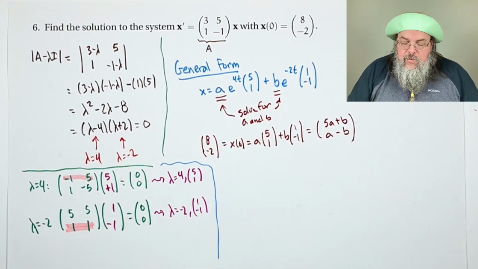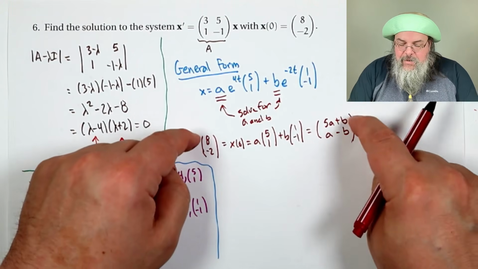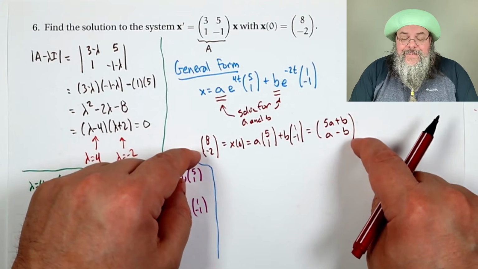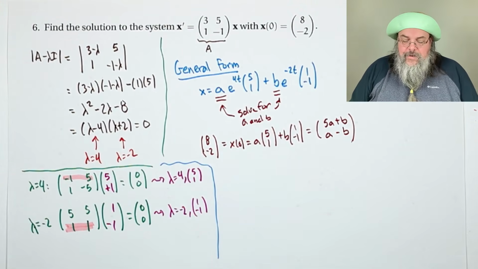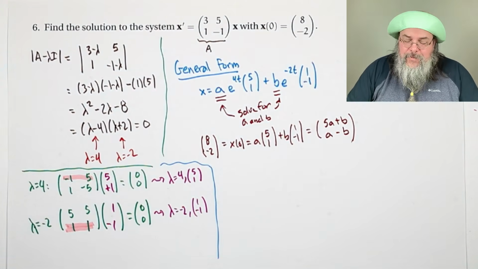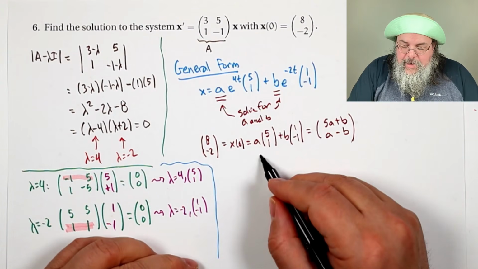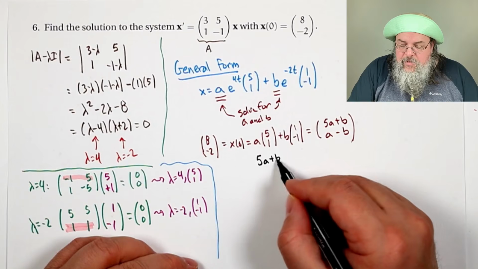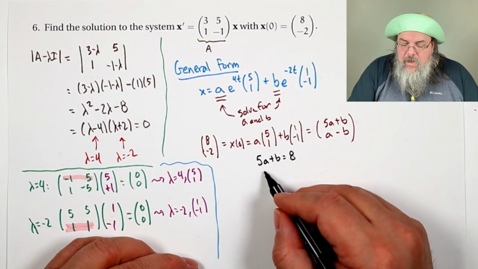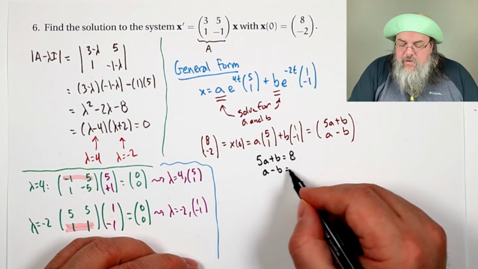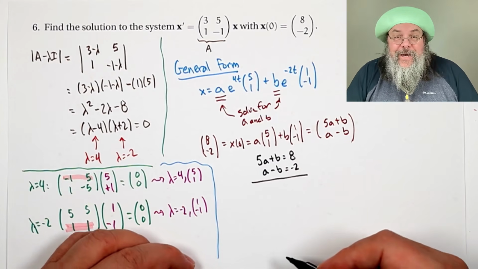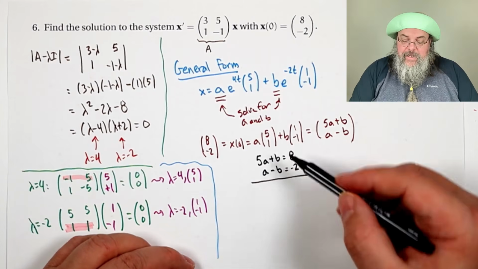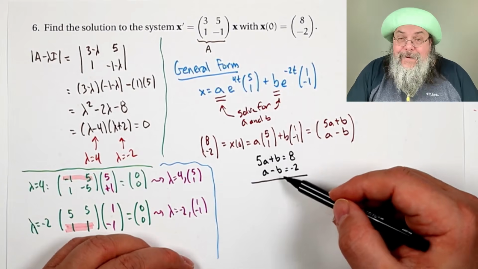Now this leads to two equations, two unknowns, right? Set the top equal, set the bottom equal. And we just have to go and work that out. Now, I say just, we never take anything for granted, but 5a plus b equals 8, and a minus b equals minus 2. Hopefully, if we've lived a good, clean algebra life, something nice will happen, and I can't help but notice we have a b and a minus b.